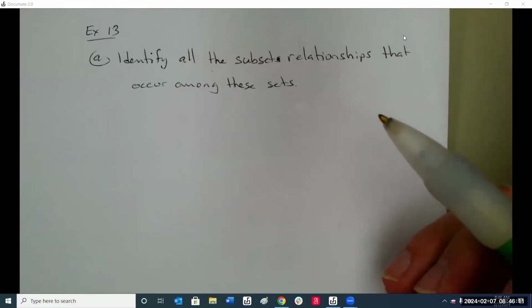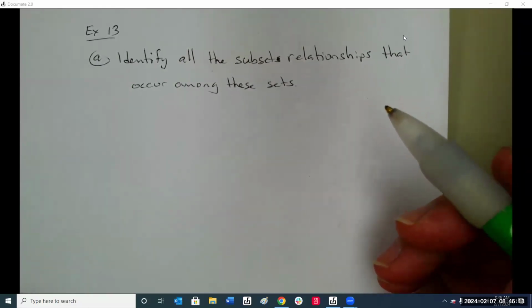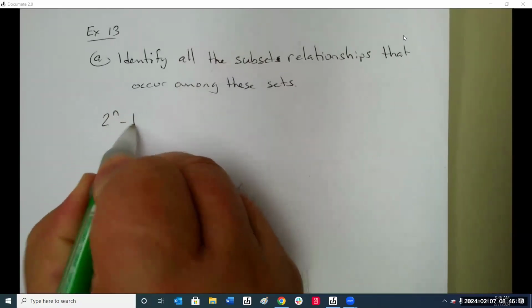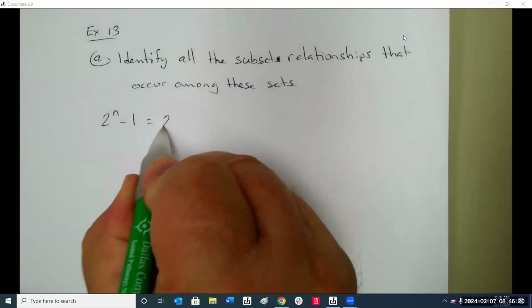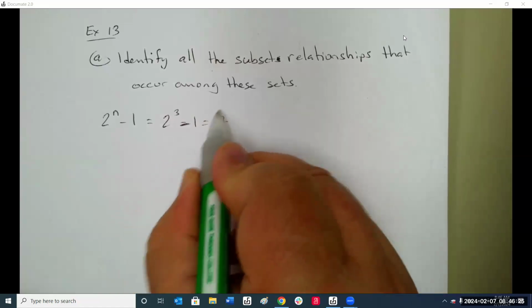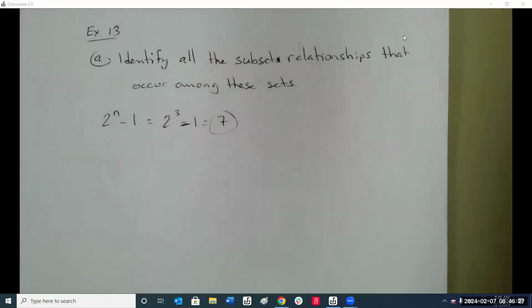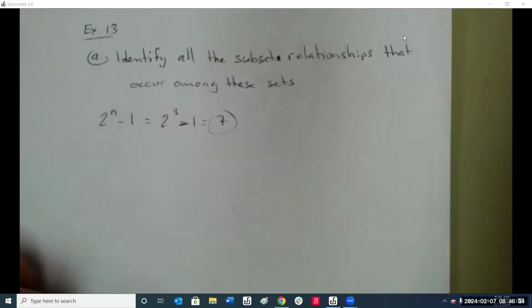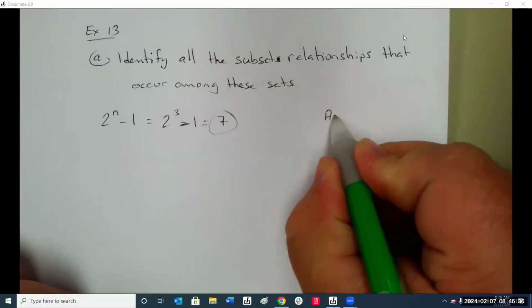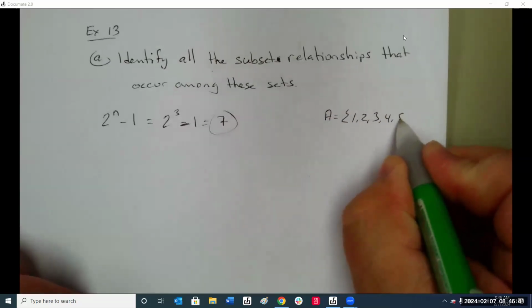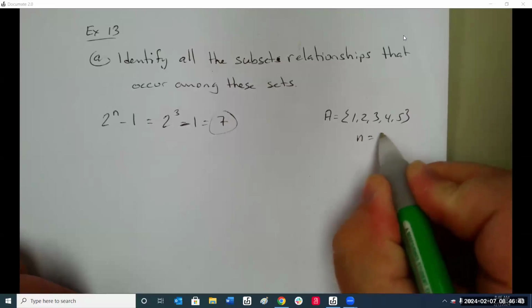So what does that mean? There's going to be 7 of them, and we listed them already. So set A is made up of 1, 2, 3, 4, 5. So it has 5.